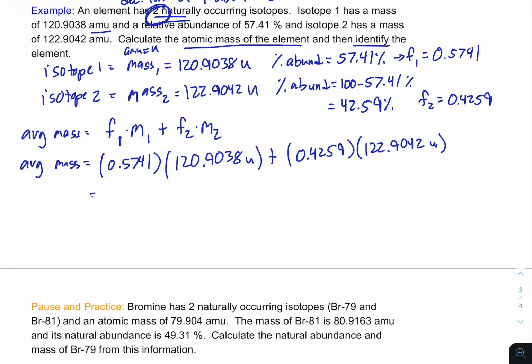So if I go ahead and plug in this first portion of our equation into a calculator, I get 69.4109 AMU. Now what I want to do here is pay attention to the fact that I just multiplied those, and the way that I track multiplication and division significant digits is different than addition and subtraction. I'm going to add this to the other number.